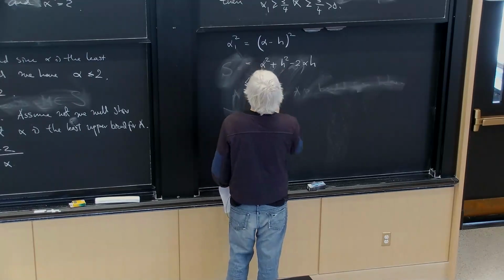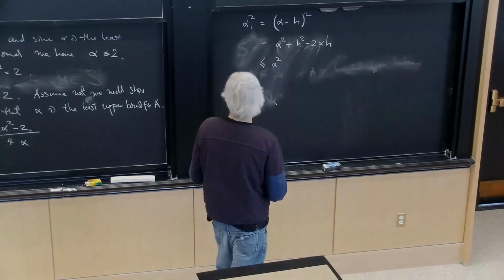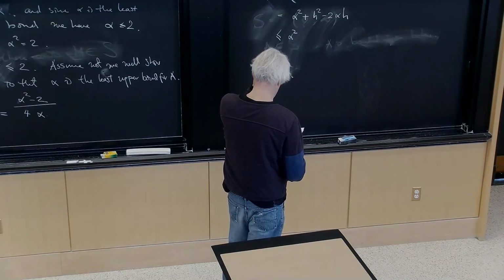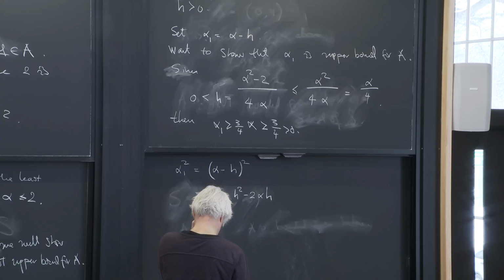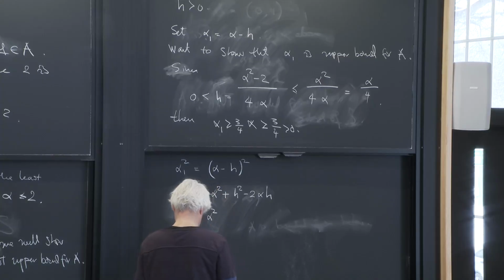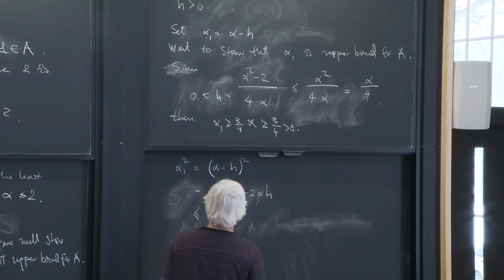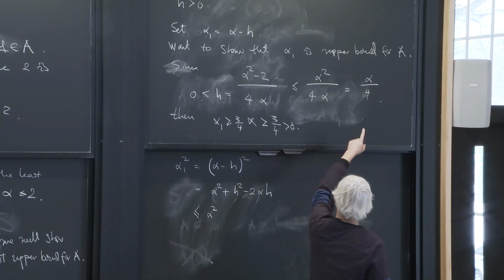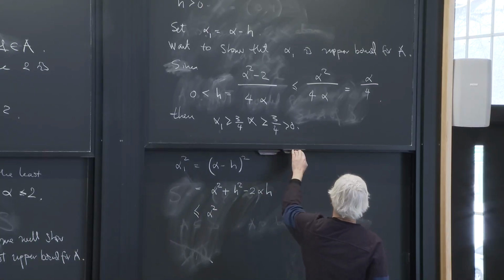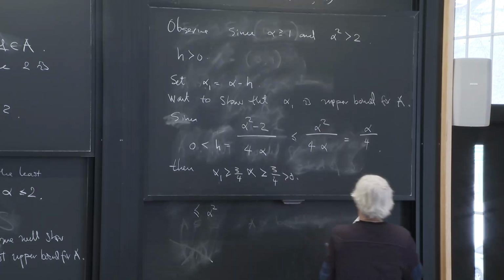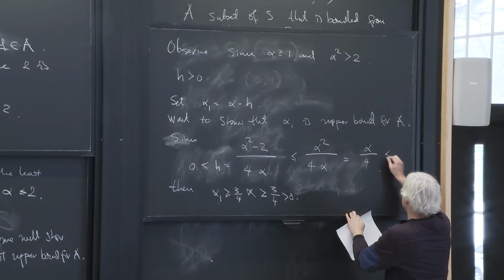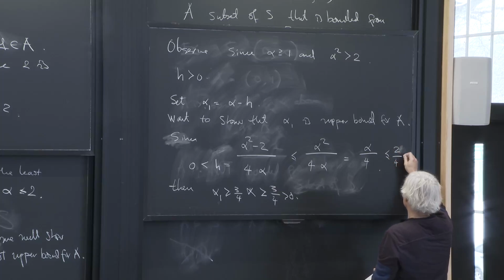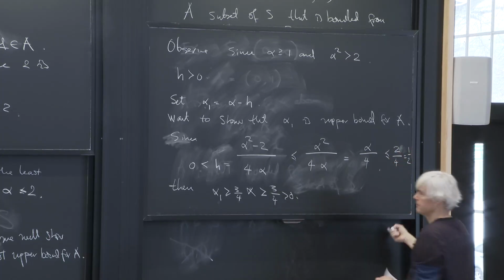Now I'd like to say that h is less or equal to 1. Actually, I'm going to use that it's less than a half. And why is that the case? We already know that alpha was less than 2, so this is less or equal to 2 over 4, which is equal to a half.